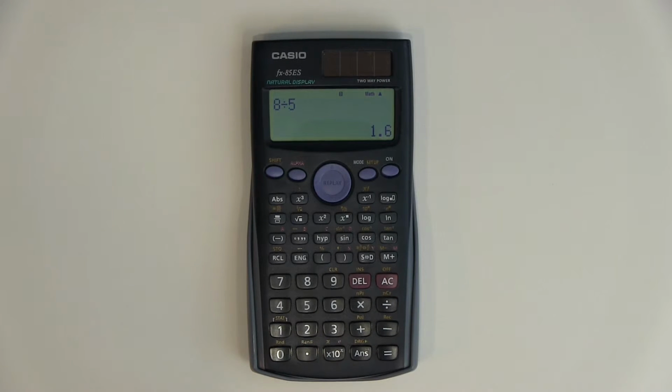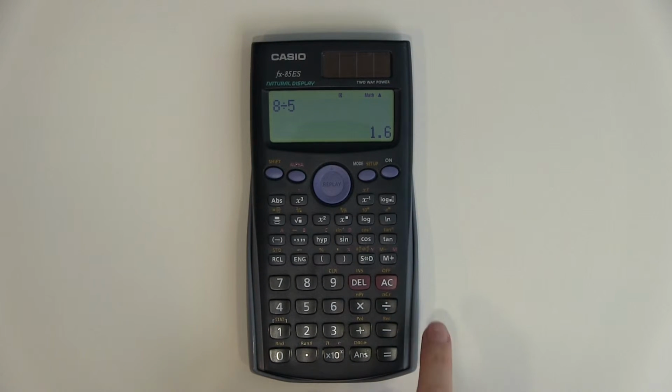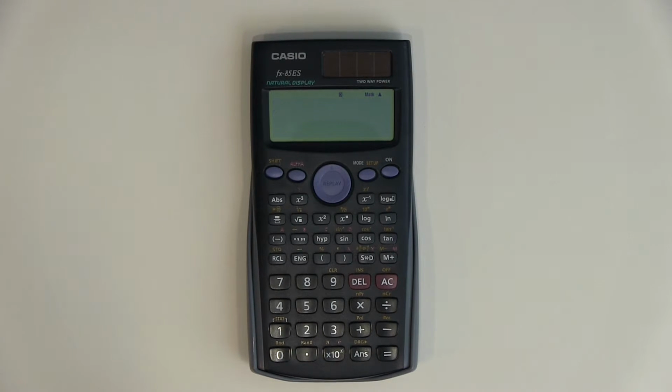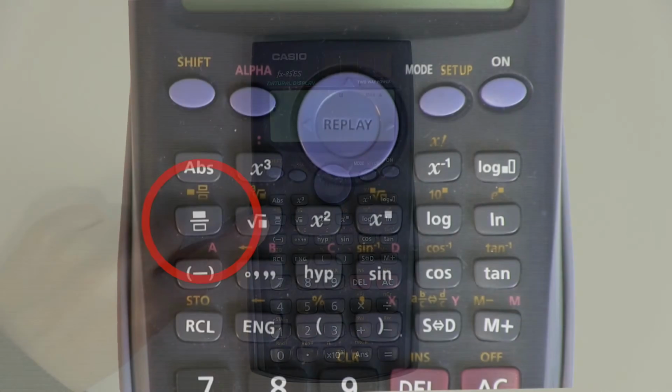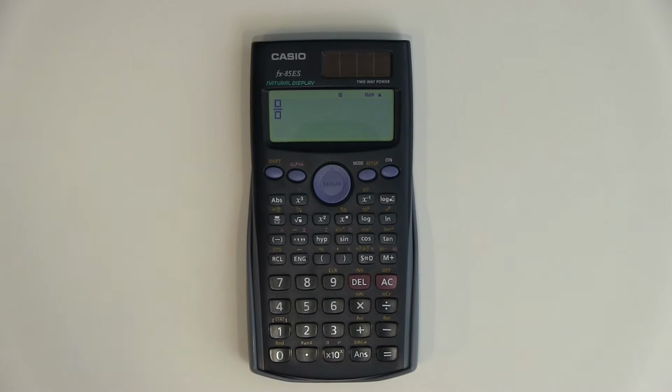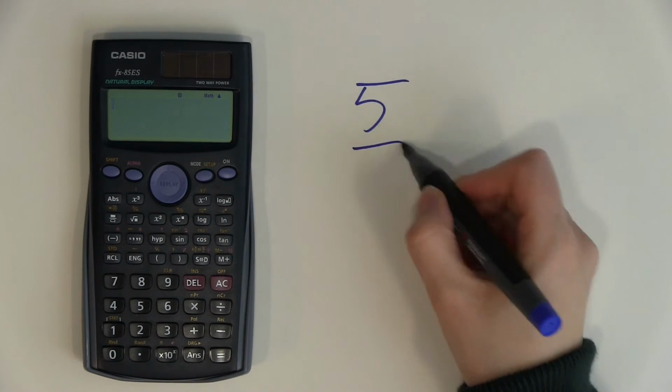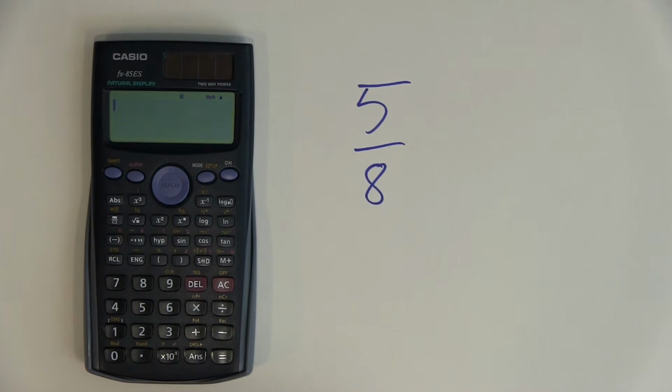Let's look at some of the important features. Clear the screen with the AC button. Let's look at, for example, how we can use fractions. This button here is the fraction button. So if I press this, I can type in fractions directly. Let's say you wanted to calculate 5/8 as a fraction.